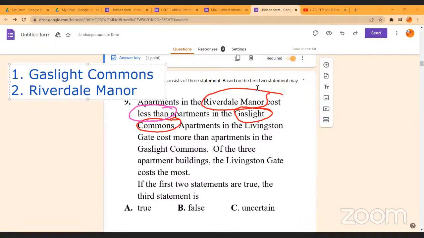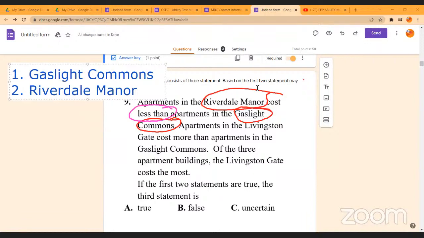Living, stun. Livingston. All right, so pronounce the word for me. Remember that. Good job. Continue. Gate.